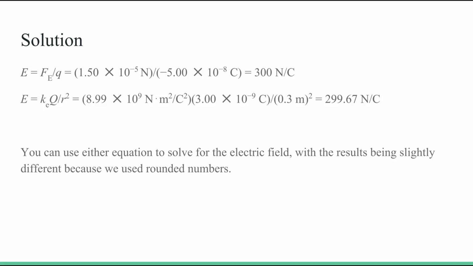Why? Because this constant is an estimate. It's rounded. So if you actually use the exact value, you will get 300 newtons per coulomb. So they will be the same regardless of which equation you use. The results are just slightly different because we use rounded numbers for Ke.